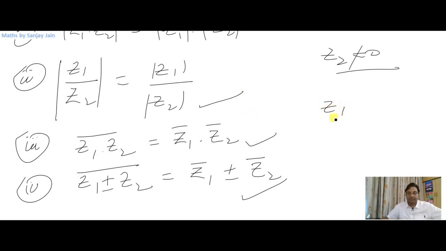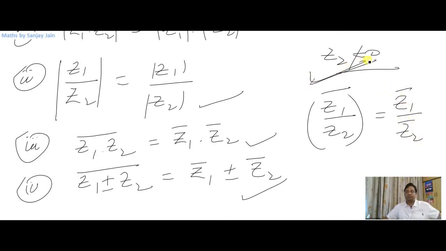And similarly, we can say about z1 upon z2 conjugate, it is equal to z1 conjugate upon z2 conjugate, and of course z2 is non-zero.